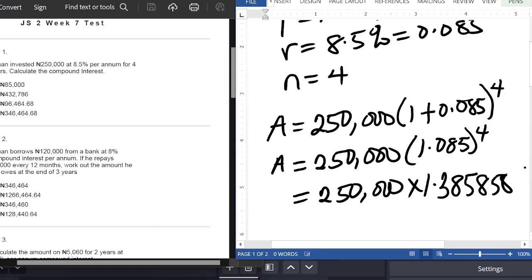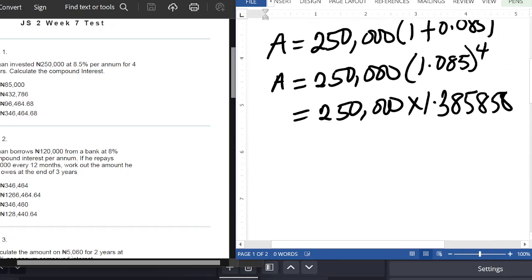Let's stop at this one and multiply the two together, multiplied by 250,000, and that gives 346,464.64. So this is the amount.